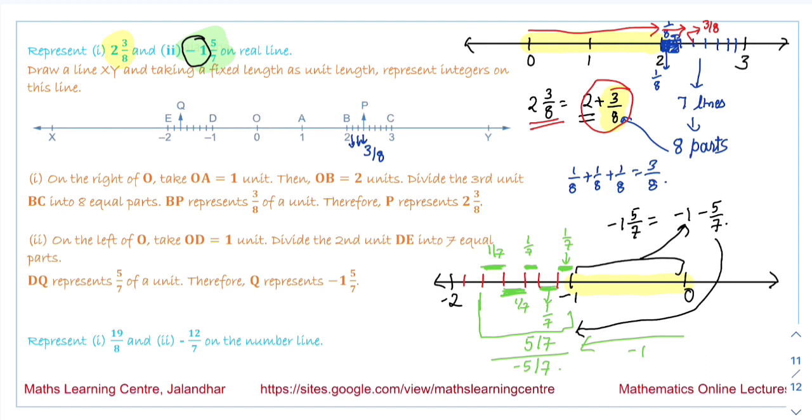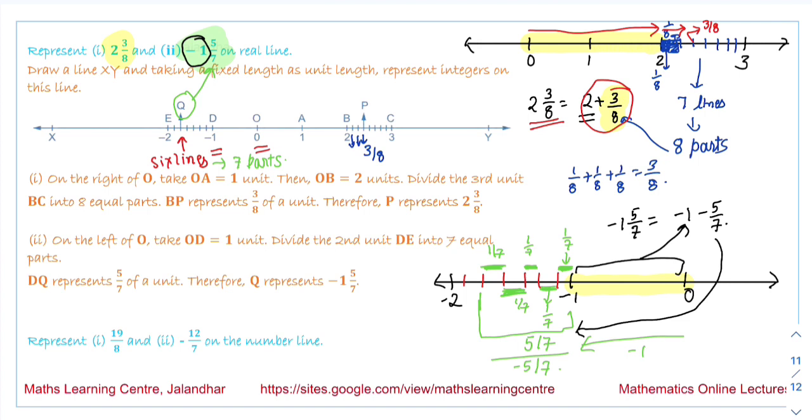So from the point 0, we have moved the distance minus 1. After that we have drawn 6 lines. 6 lines means we have divided it in 7 parts, and we have marked on the 5th part. This point is Q, that is the point minus 1 whole 5 by 7.